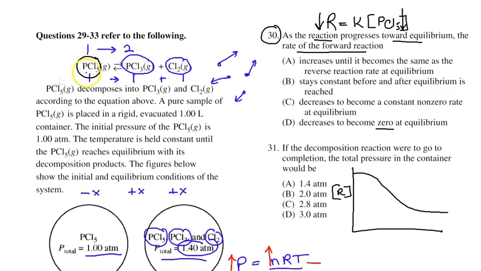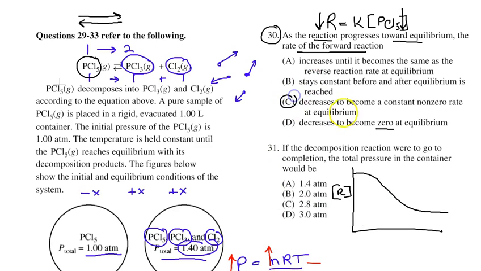We know at equilibrium, the amounts of these reactants and products are equal because the rate of the forward equals the rate of the reverse. So the amount of reactants and products stay constant. It's going to drop down until the reverse reaction picks up enough to equalize the forward. So we would say that it decreases.